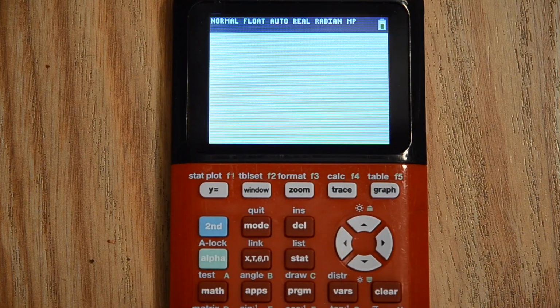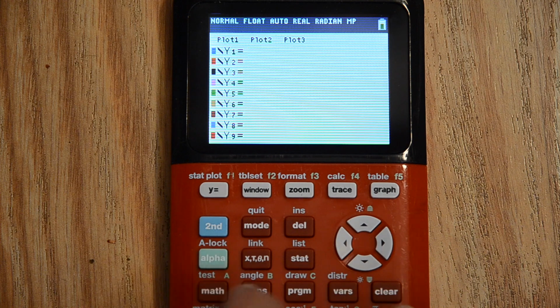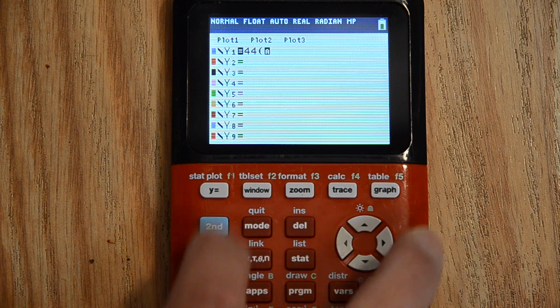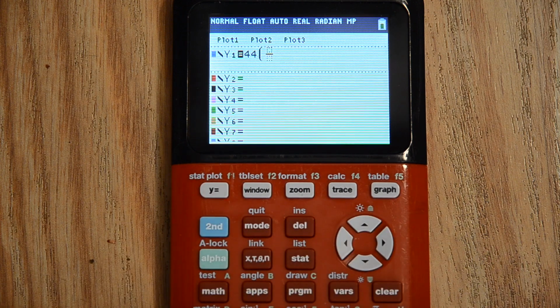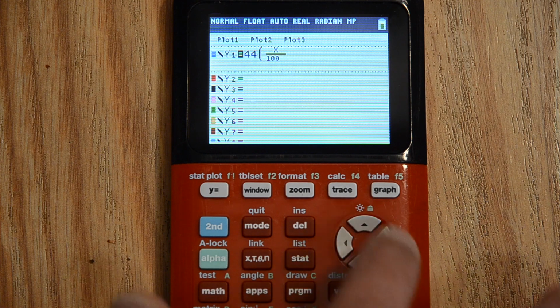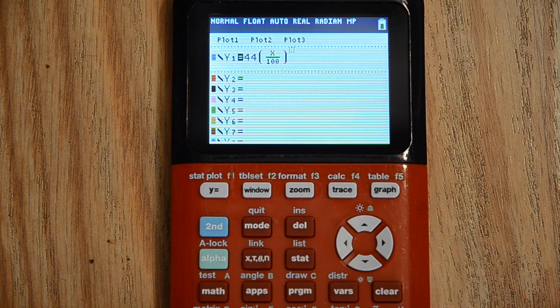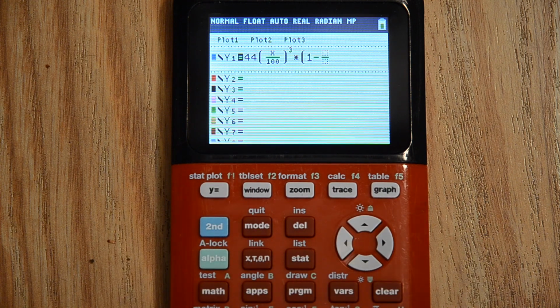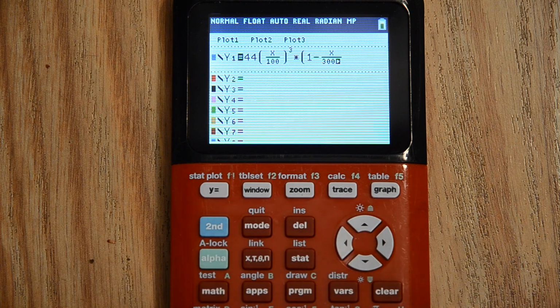Okay, so we're going to hit Y equals and put in that function r of t, which is 44 times (x over 100) to the exponent of 3 times (1 minus x over 300) to the 7th power.